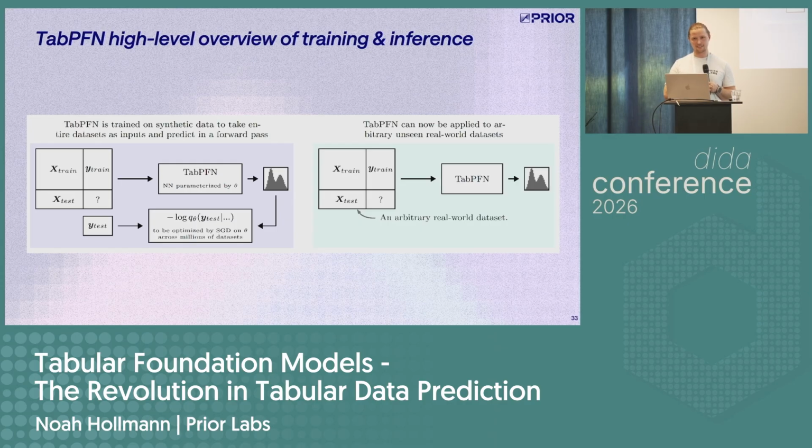Now you just pass in the dataset that you care about. It's a bit like with a language model, the context for our models is now the dataset versus the text that you would give to a language model. And our model then gives you back the predictions on the missing values that were in the dataset.